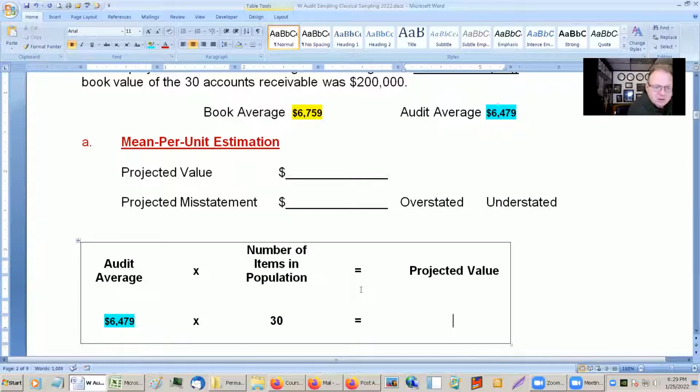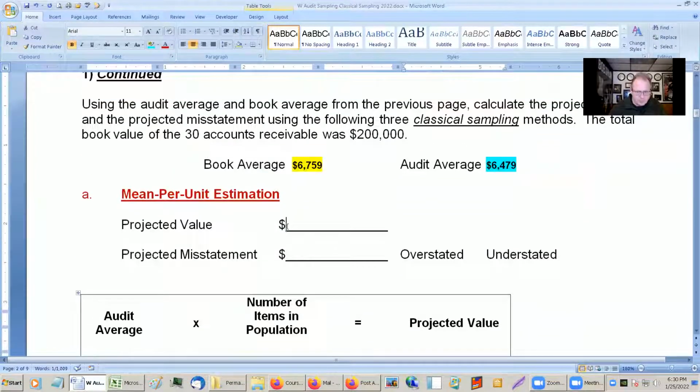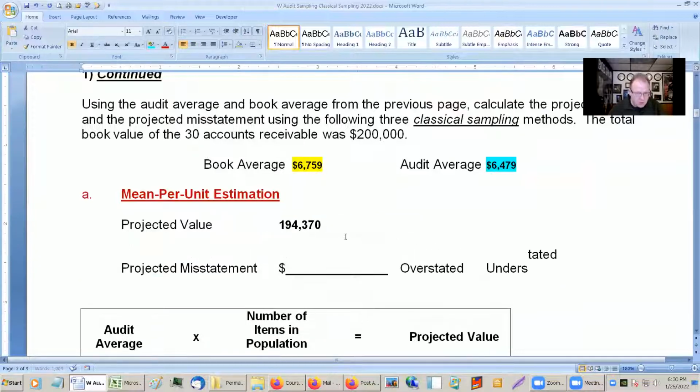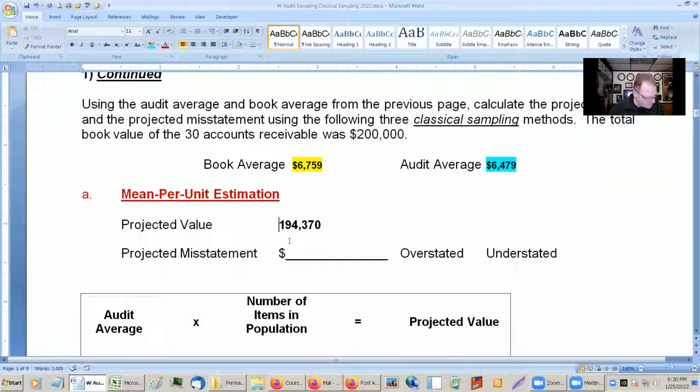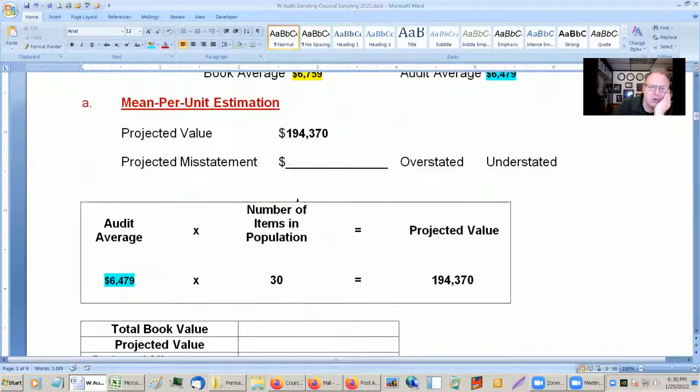So it's 64.79 times 30: 194,370. This is our projected value, the best estimate of what we think the true value of these accounts receivable is.